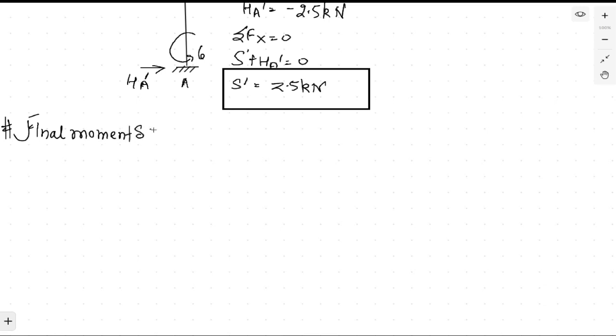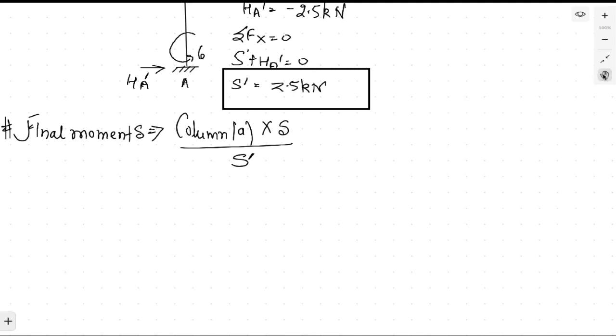In order to calculate the final moment, the relation which you have to use is that the final moment is equal to the column A moments into S, जो आपने पहले निकाला था, divided by S dash. कॉलम A वाले जो मोमेंट हैं उनको S अपॉन S dash से जब मल्टीप्लाई करोगे you will get the final moments which will be present here. वो आपके फाइनल मोमेंट्स हो जाएंगे. उन मोमेंट्स का यूज करके you can draw the BMD finally.